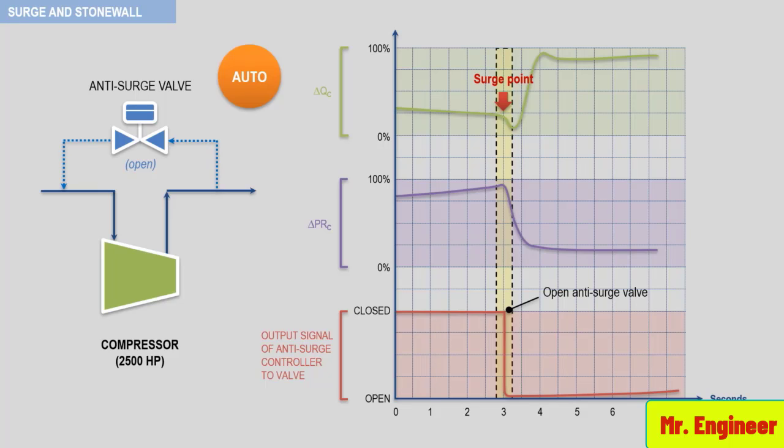The surge control line defines the set point of the surge controller, and therefore the point at which the surge control valve will open. Here you can see that as soon as the surge has started, a flow reversal has been recorded. However, thanks to the action of the controller, the anti-surge valve broke the surge cycle.